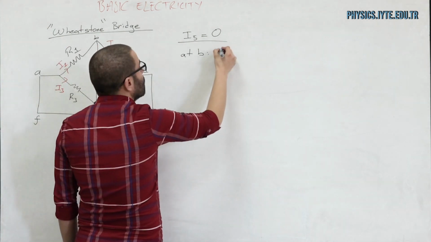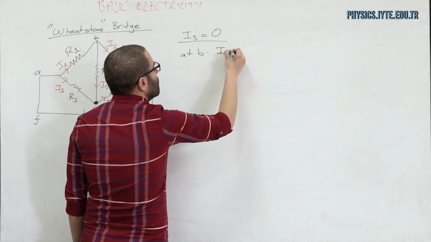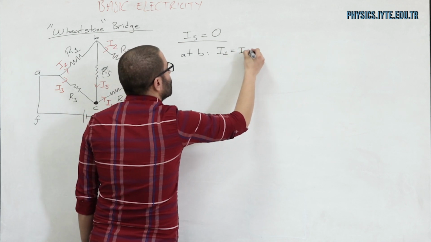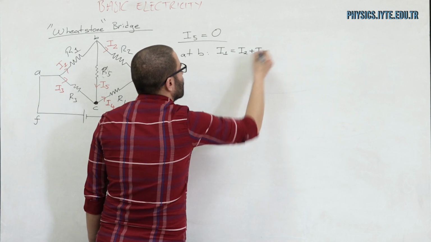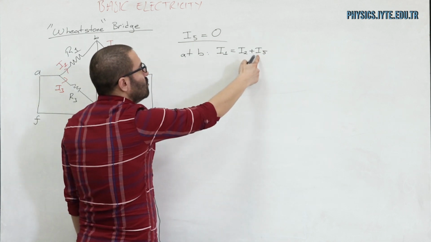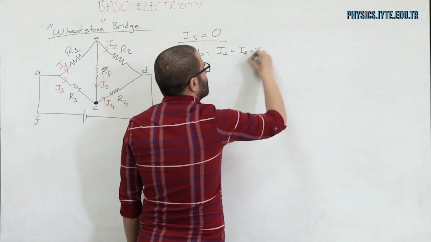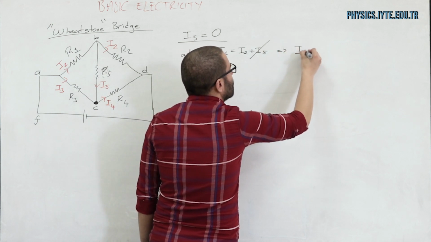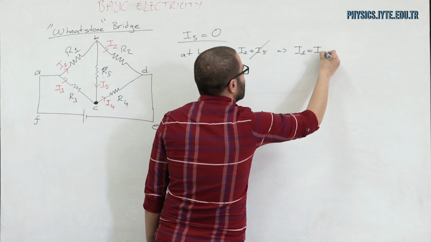So I need to have I1 equal to I2 plus I5. Since I assume that I5 is equal to 0, therefore I can write I1 equals I2.